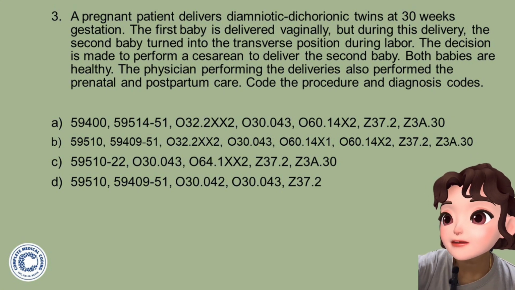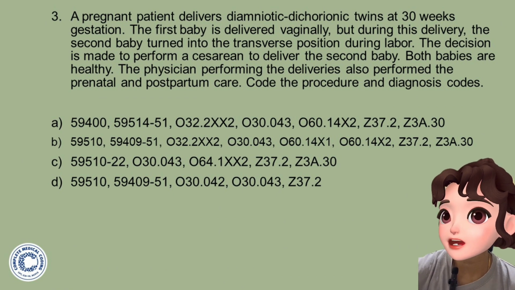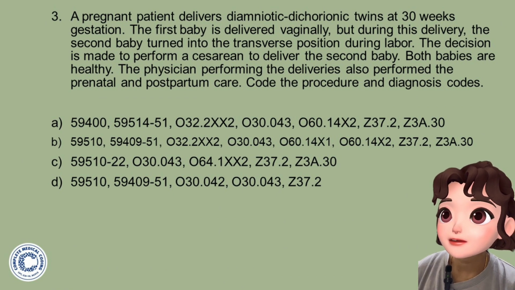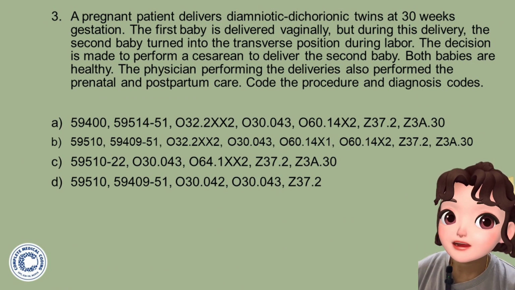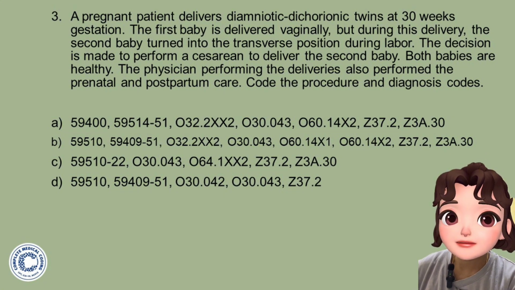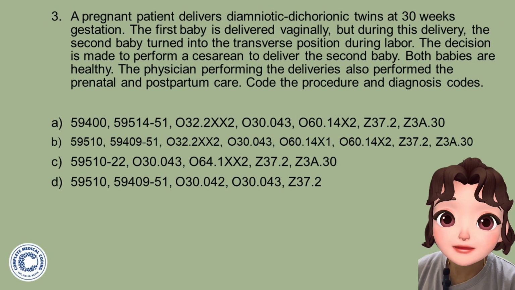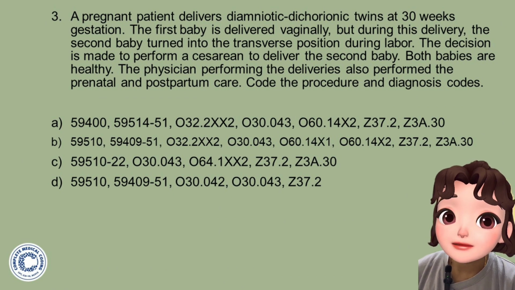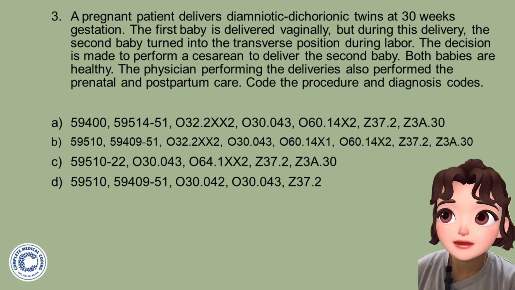Then we are appending modifier 51 to CPT code 59409, because it's a multiple procedure. This is a twin pregnancy, and it is not the same procedure because one is delivered vaginally and one is delivered by cesarean. So it's a different procedure, a multiple procedure.